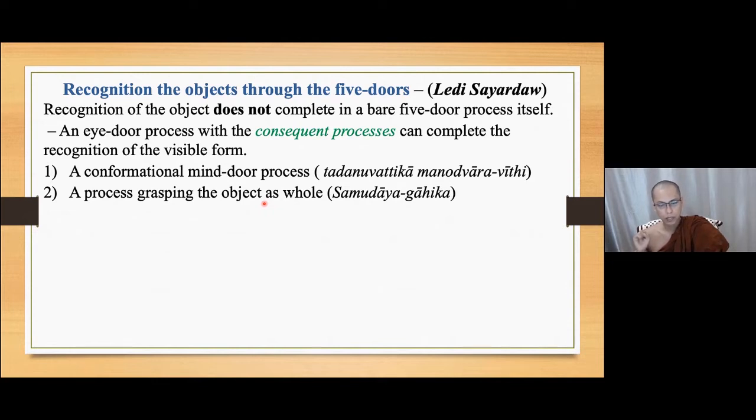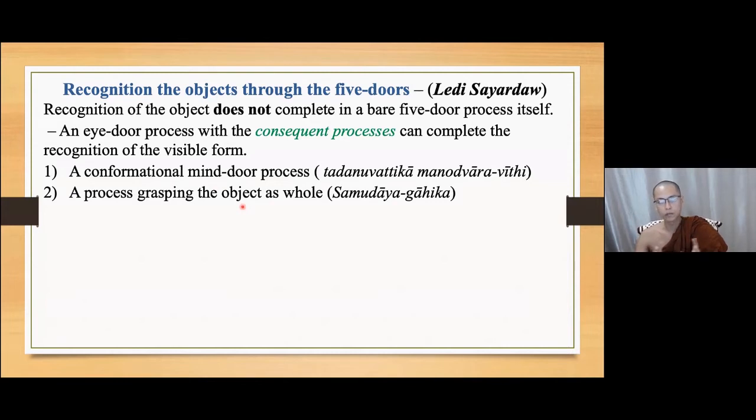And also, if we see his hand only, so part of the hand. In this way, every visible form we see, even the smallest one, is a group of visible forms inside a group of materiality, because they are also still very small. So they come to appear in a group. So the second process grasps the object as a whole.